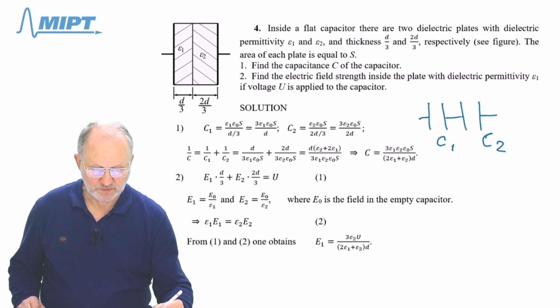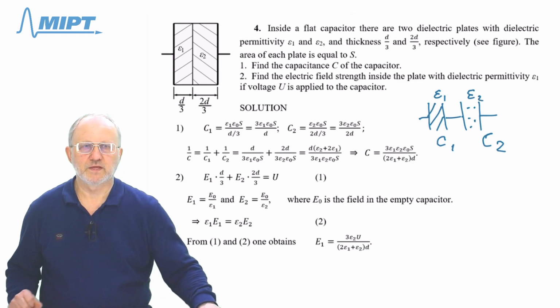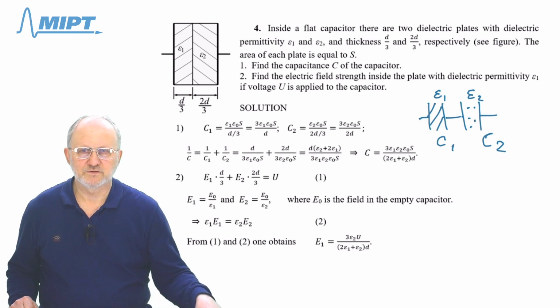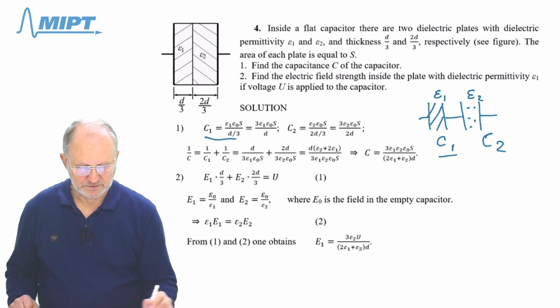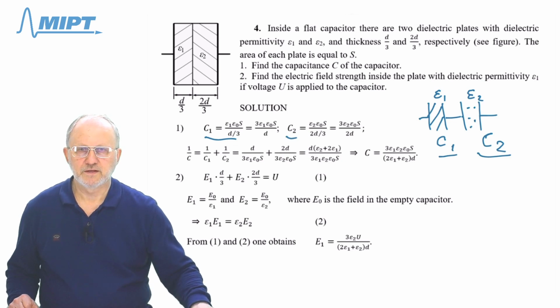And the first capacitor is filled with dielectric medium, which has permittivity epsilon 1, and the second capacitor is filled with another medium with electric permittivity epsilon 2. So this equivalent scheme allows to calculate the capacitance of each capacitor C1, which is given by this formula, and the capacitance of the second capacitor, which is given by this formula.